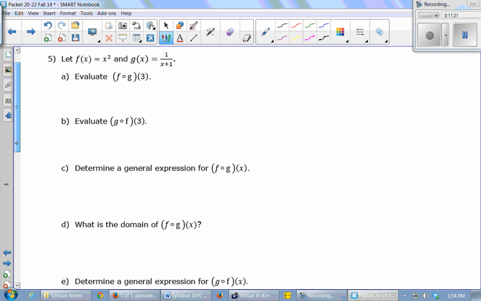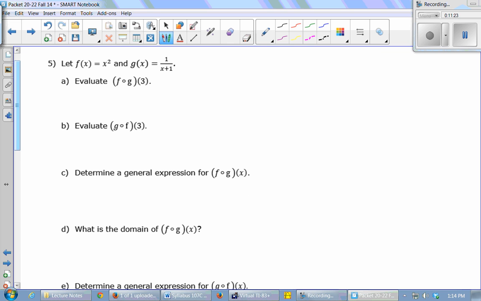Okay, so I've got two functions, f of x is x squared and g of x is 1 over x plus 1. If I want to evaluate f circle g of 3, that just means f of g of 3. So you work from the inside out. The first thing I'm going to plug 3 into is g.